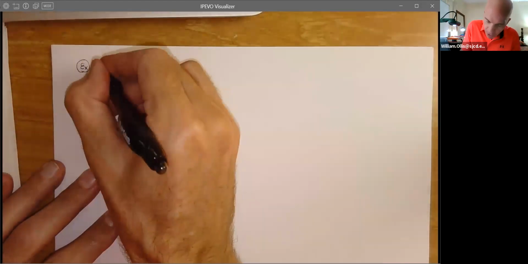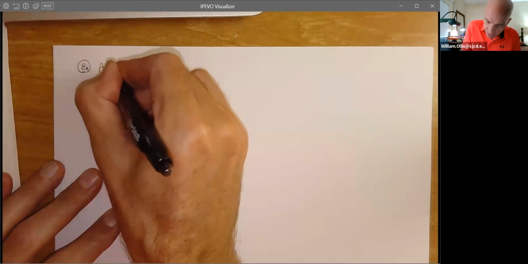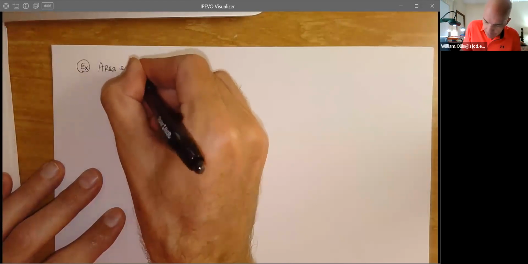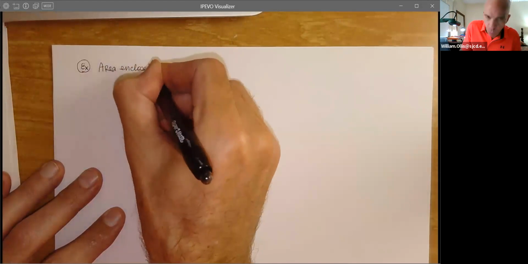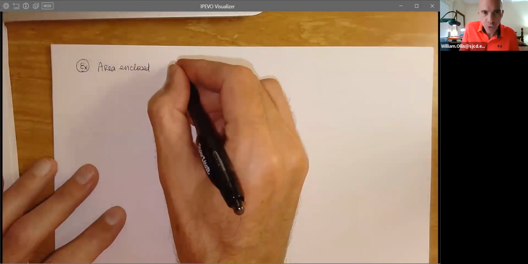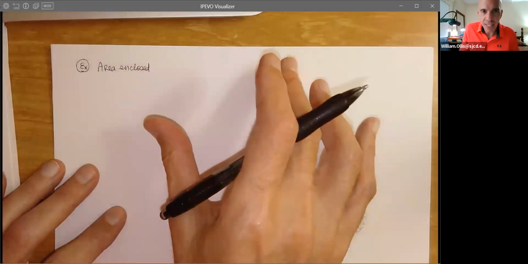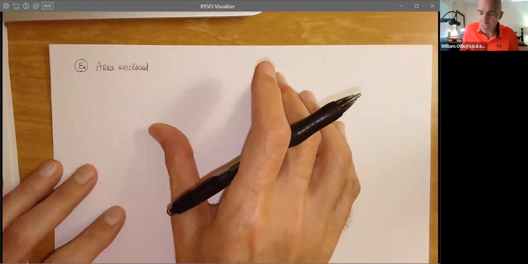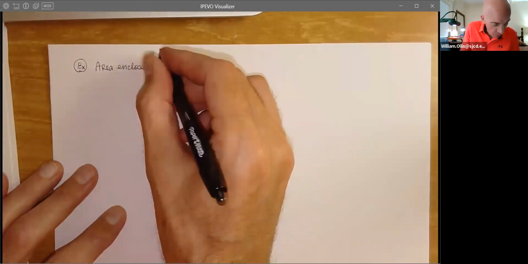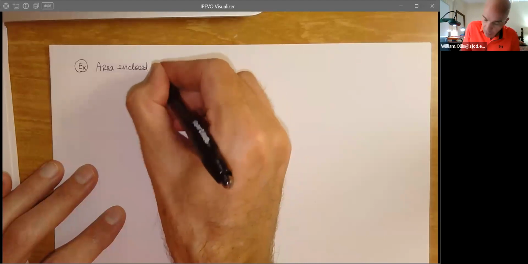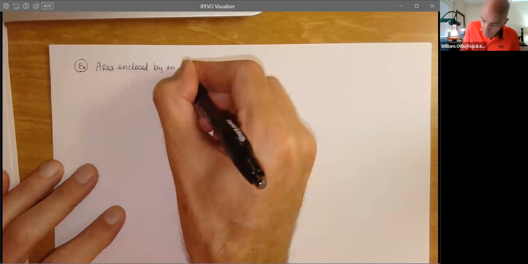So we have area enclosed by the ellipse. I worked a problem with a student yesterday where we had half of an ellipse and we had to find the actual center of mass. So that was a fun problem. Area enclosed by an ellipse.